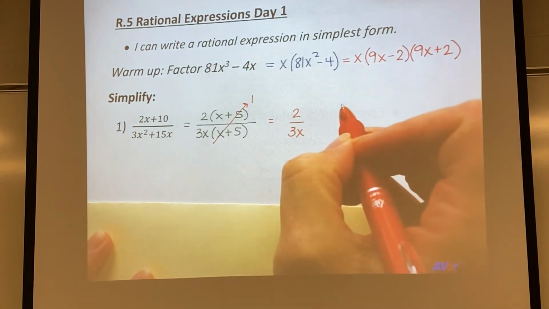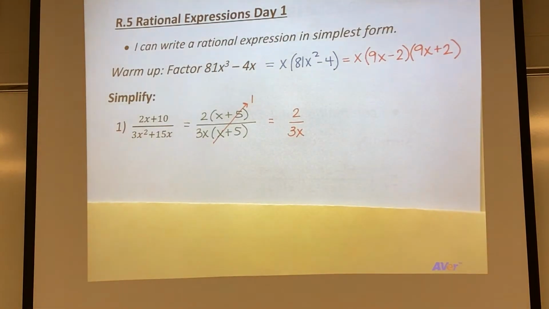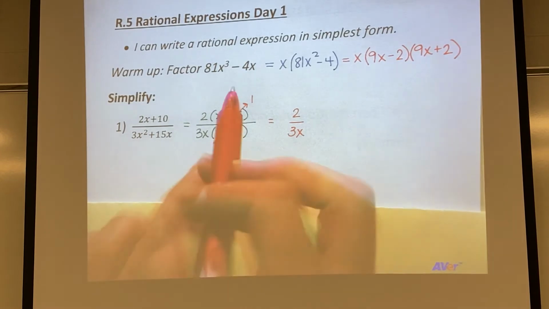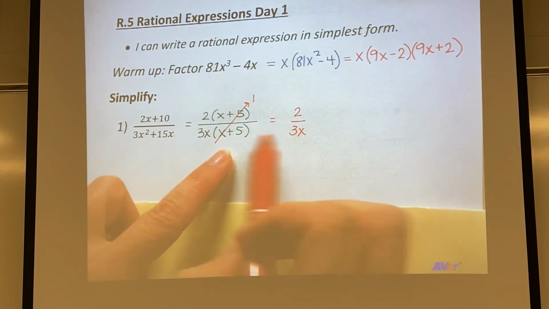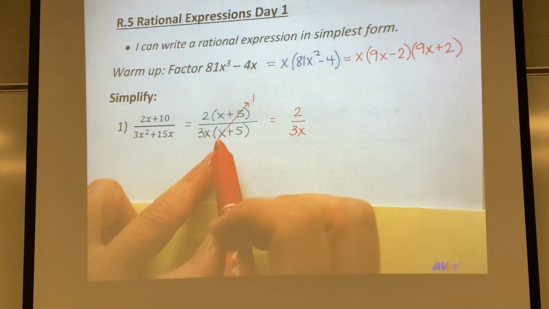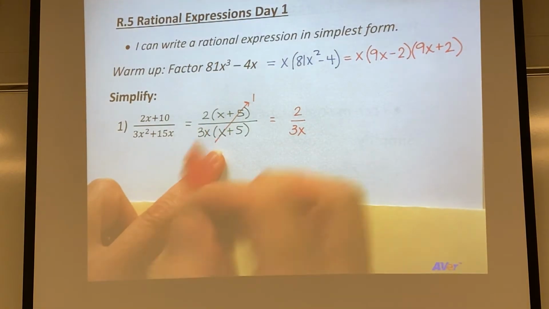Now the other piece to this is that, if you might remember from the past, we don't want a fraction to have a denominator of 0. So we can't divide by 0. And some values, when you put them in, would make our denominator equal 0. We want to exclude those values.